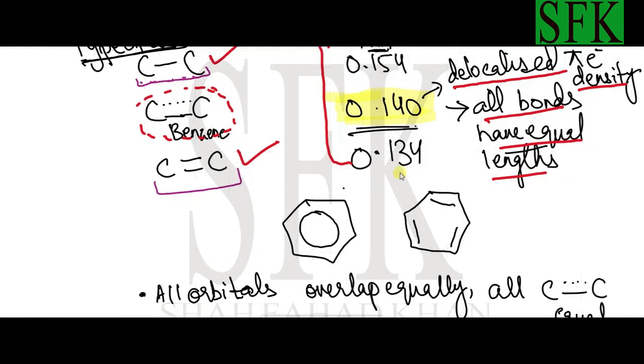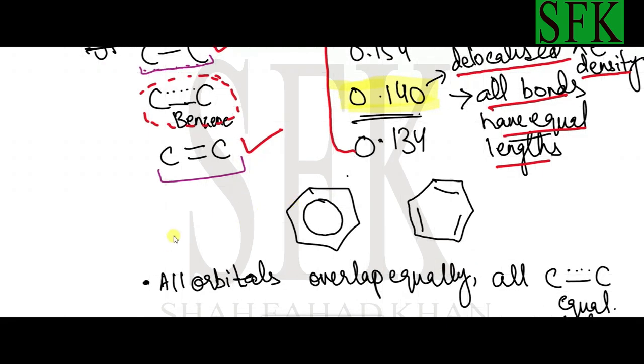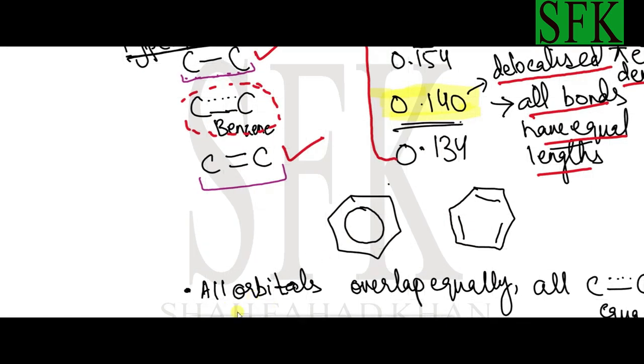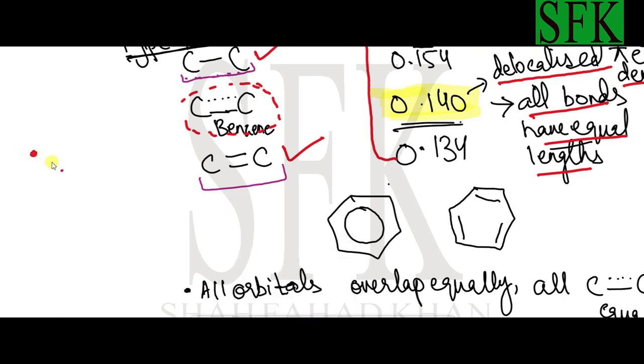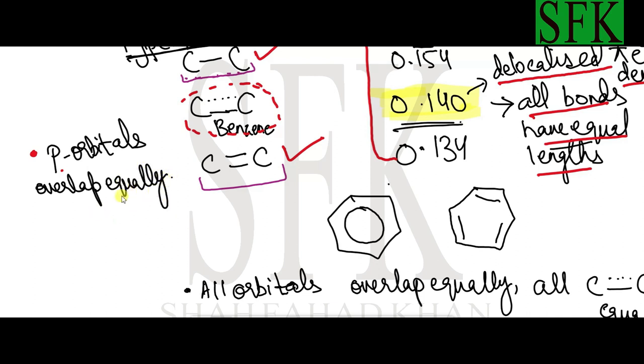To answer that question, there are mainly 3 points that you need to keep in mind, and you need to write your answer along these lines. The first point is that all the p orbitals of benzene overlap equally with each of their neighbors.